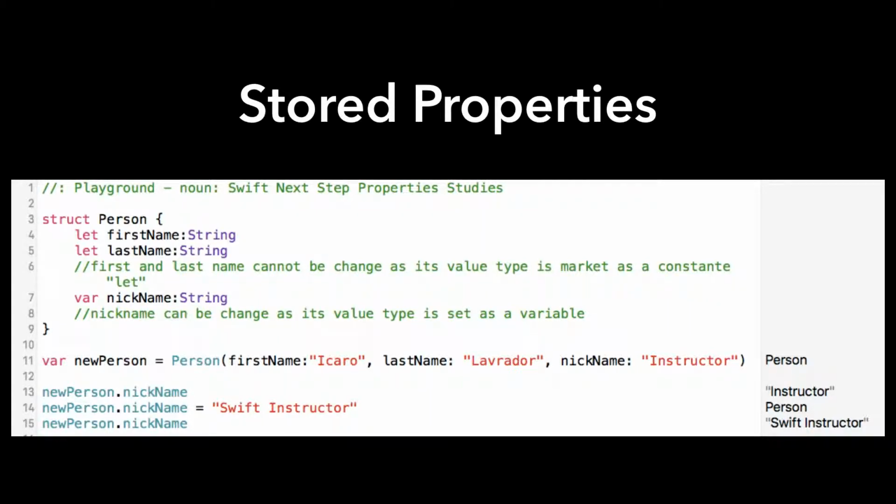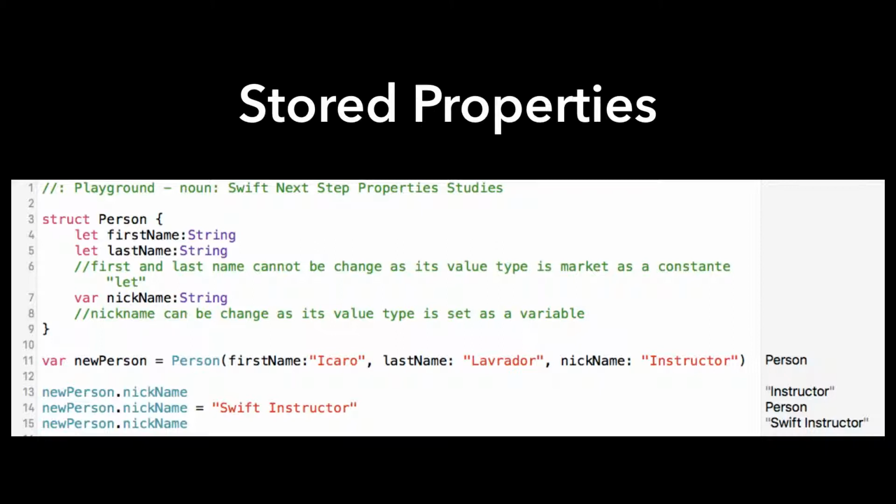So here I have a struct. It's a person, and this has three stored properties. One is first name, that is a string. Another one is last name, that is also a string. And the other one is a nickname, that is also a string. And you can see the first two are declared as a let.